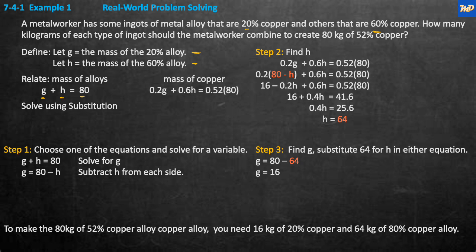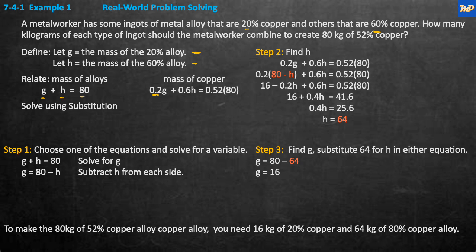And then for the copper, the amount of copper in each ingot times the mass. 0.2, not 2%, 0.2 or 20% of G, the 0.2 is the amount of copper, and 0.6 is the amount of copper for the other ingot, the H ingot.